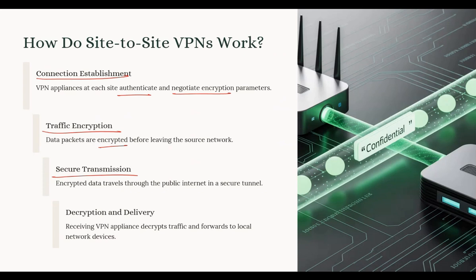Encrypted data travels through the public internet in a secure tunnel, so there is no man in the middle, and the data cannot be read. So there is security through confidentiality. The data is encrypted, so only authorized users can access and read the data. There is decryption and delivery. At the receiving end, the VPN gateway or appliance decrypts the traffic and forwards it to the local network device.